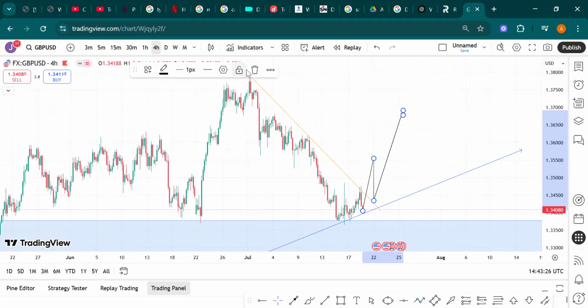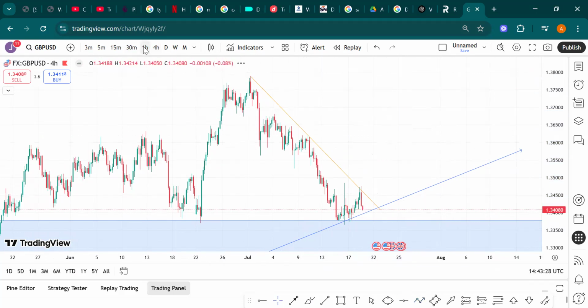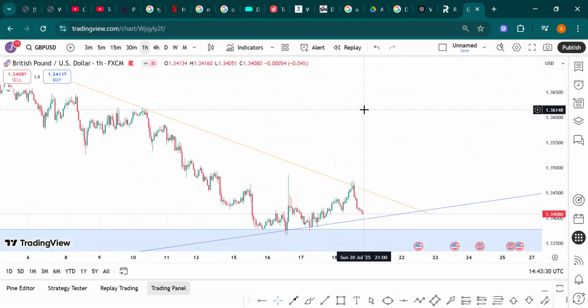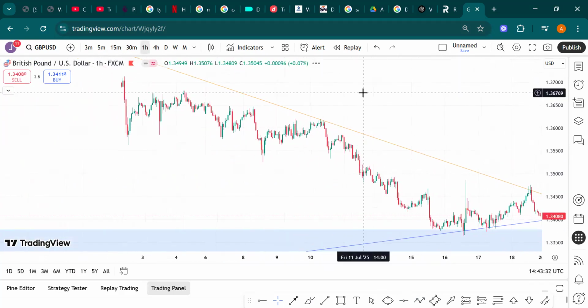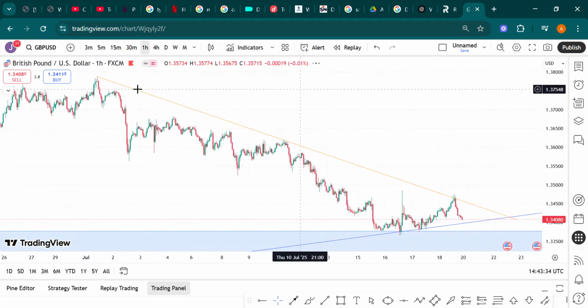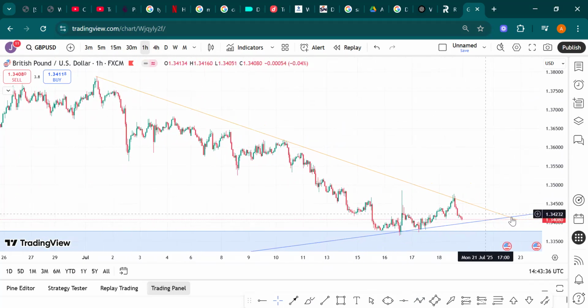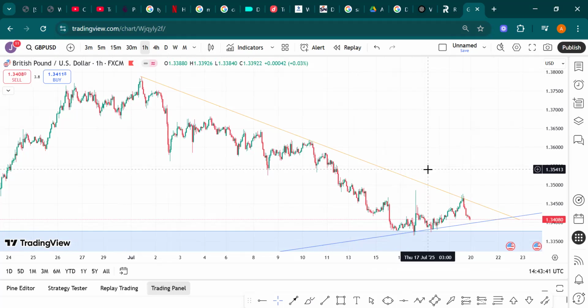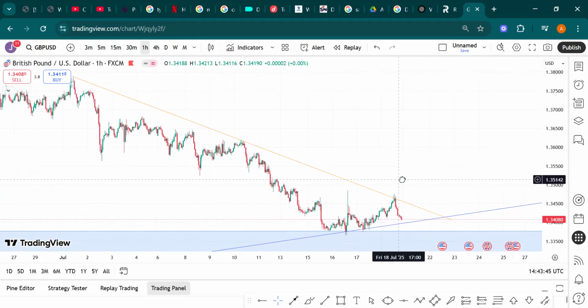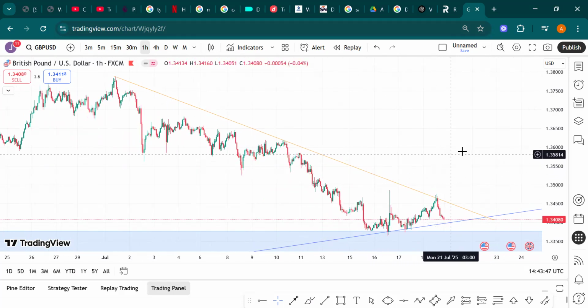Now, all this could be done even in a much lower time frame like the H1. We can see that even on the H1 time frame, price is still bounded by this trend line. So price is currently at a very, very strong key zone, and anything that happens represents a very huge buying opportunity upwards.